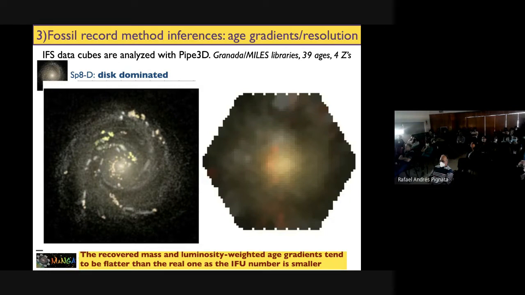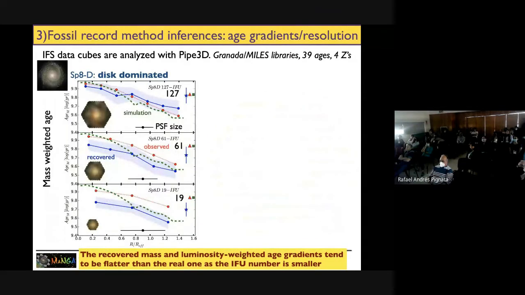Not so good. We lost a lot of resolution, but to this observed galaxy, we now apply the spectral synthesis method, the same that we apply to observations, and try to reconstruct, for example, the gradient of the age of this galaxy. The green line here is the real one that we measured in the simulations.